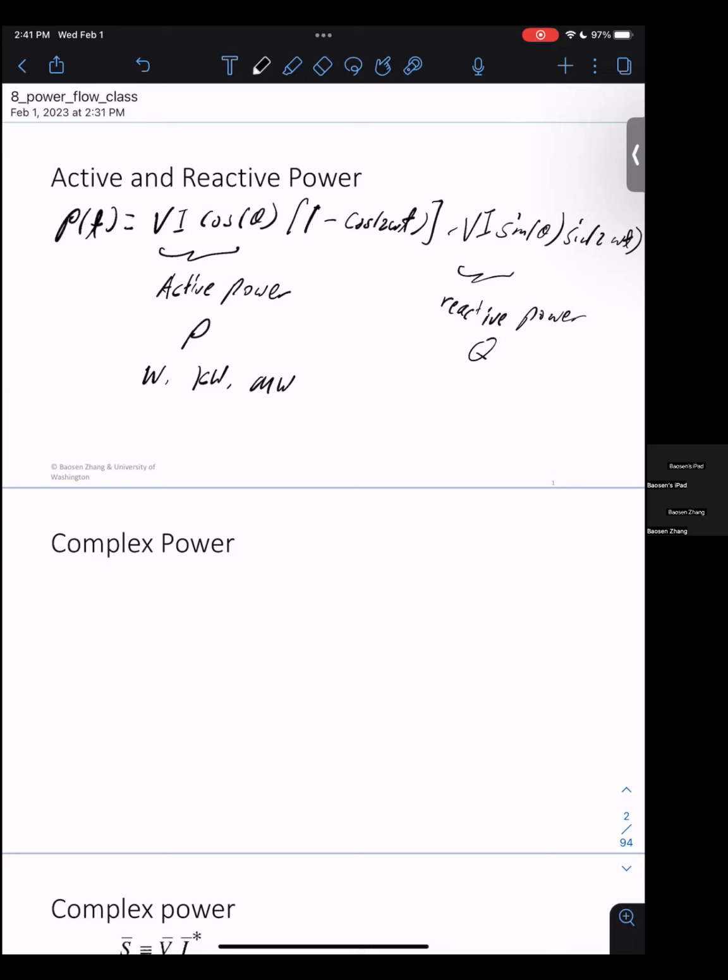We call it a volt ampere reactive. That unit comes from Q. You have voltage times current, so it's volt, amp, and R denotes reactive. So you have kVA, kVAR, and so on.